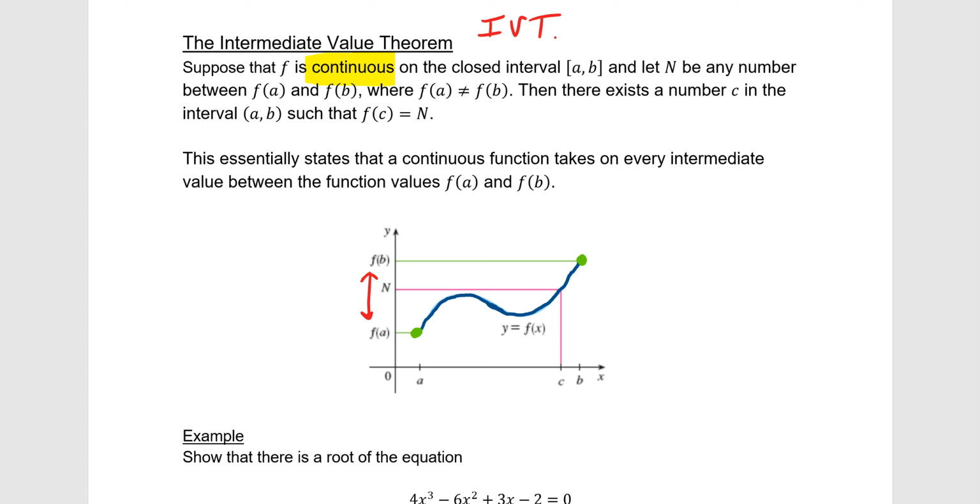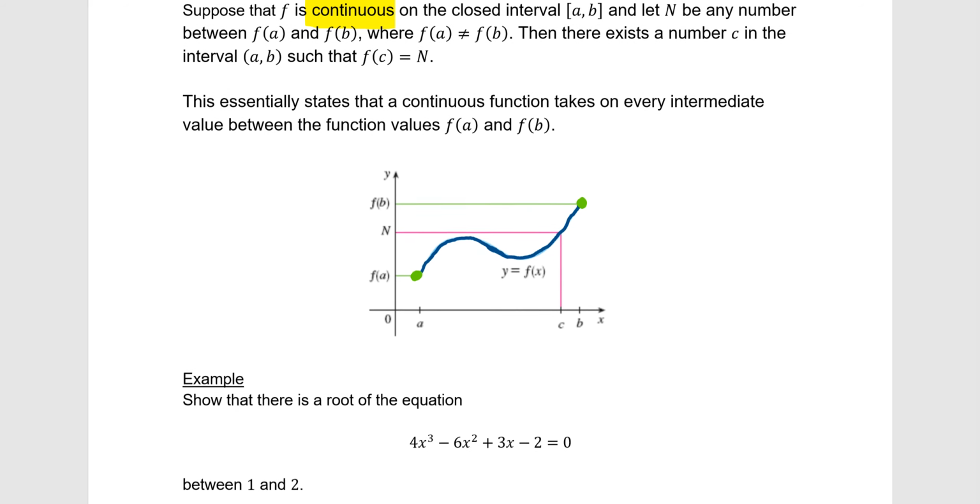So if that value exists between them, then there has to be some c value such that f of c is going to actually equal N. So basically, if there's a y value between two other y values, then there has to be an x value between those endpoints corresponding to that middle y value.